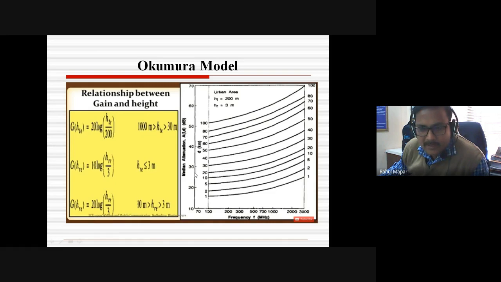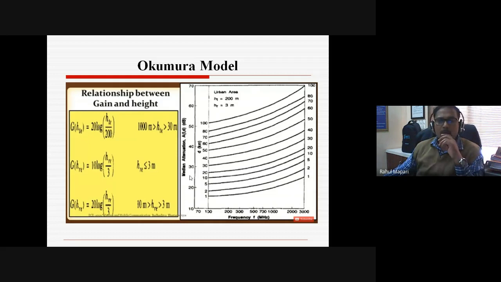Where it intersects, you consider that value. I think it is between 20 and 30, closer to 30. That's why approximately you can consider it as 26 or 27 dB. In this way you have to calculate the value of attenuation by using the Okumura model. Got it? Yes or no?